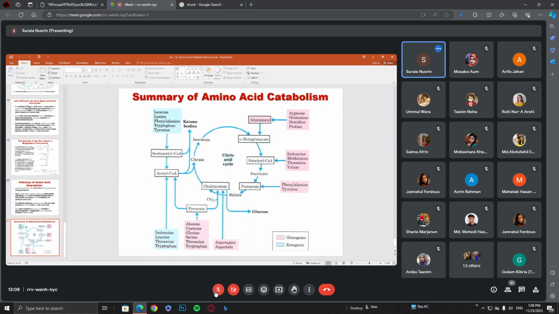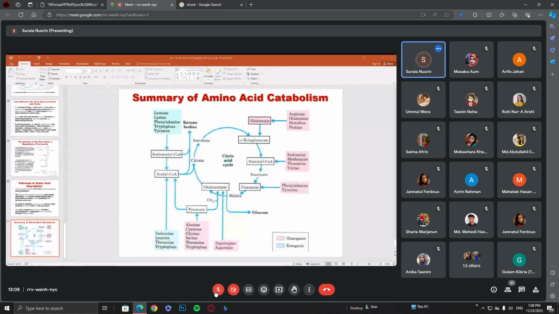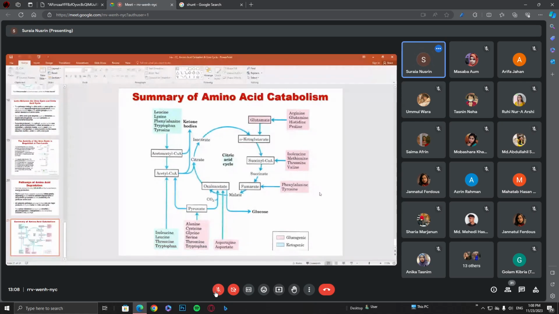ওকে, সো নাও I have decided your assignment will be this. Your assignment is to write about the specific catabolism of all the 20 amino acids.